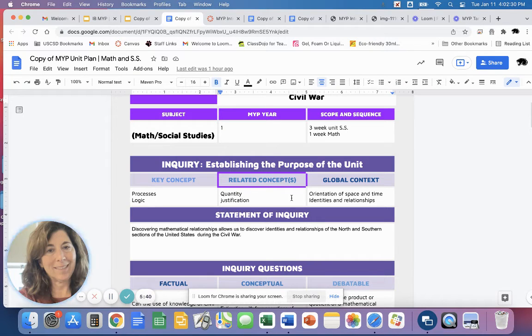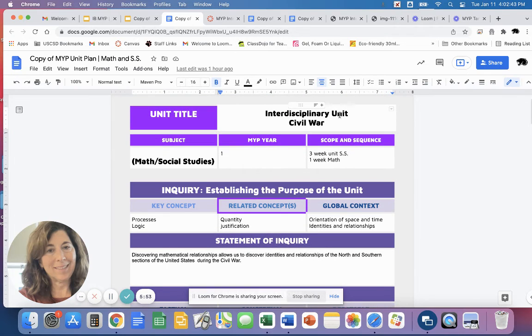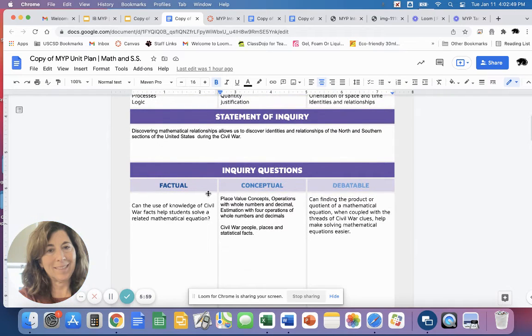You had to come up with the answer to the product there, or the mathematical equation. Your global context again uses both the math and social studies. So we started to come up with some inquiry questions. Can the use of knowledge of Civil War facts help the students to solve in this related mathematical equation?